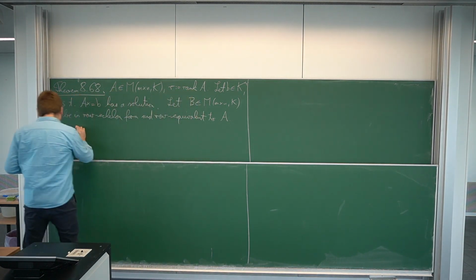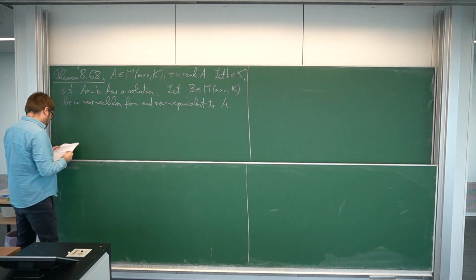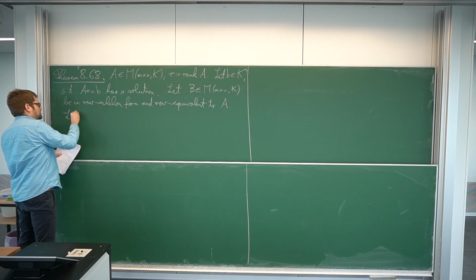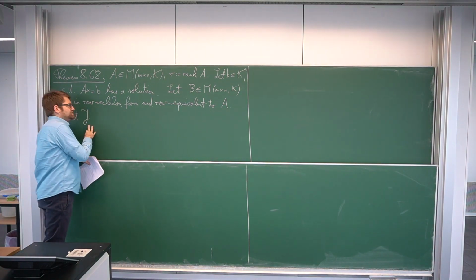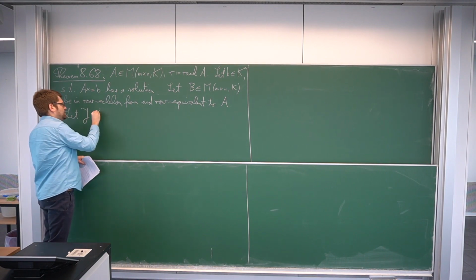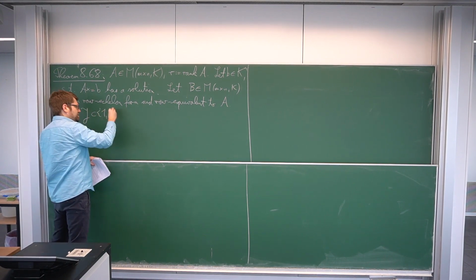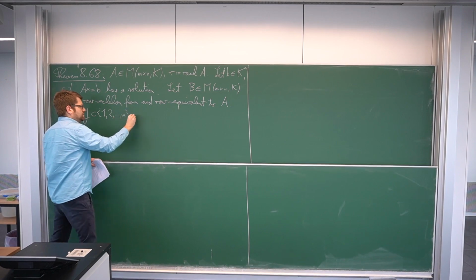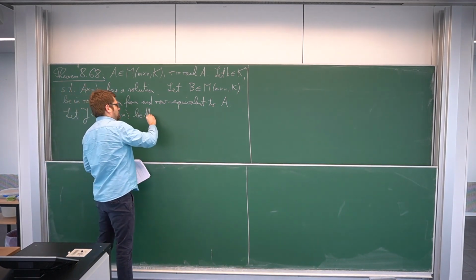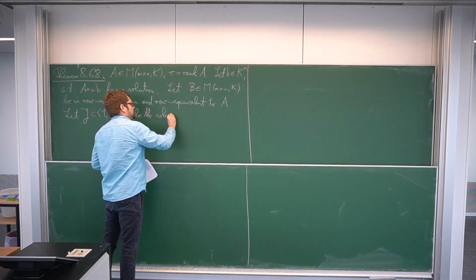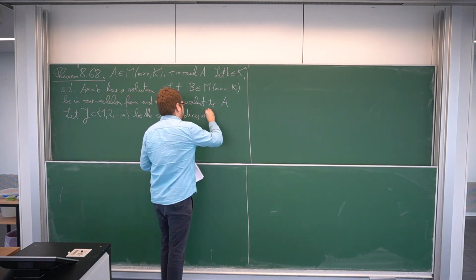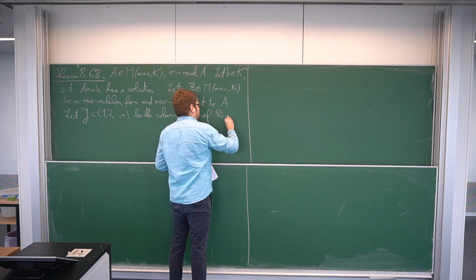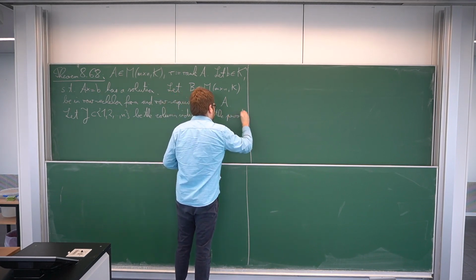Now, we use basically the same notation as we did in the previous proof. So let J be the column indices of the pivots of B. So this is a subset of the set of column indices, which is 1 to n.